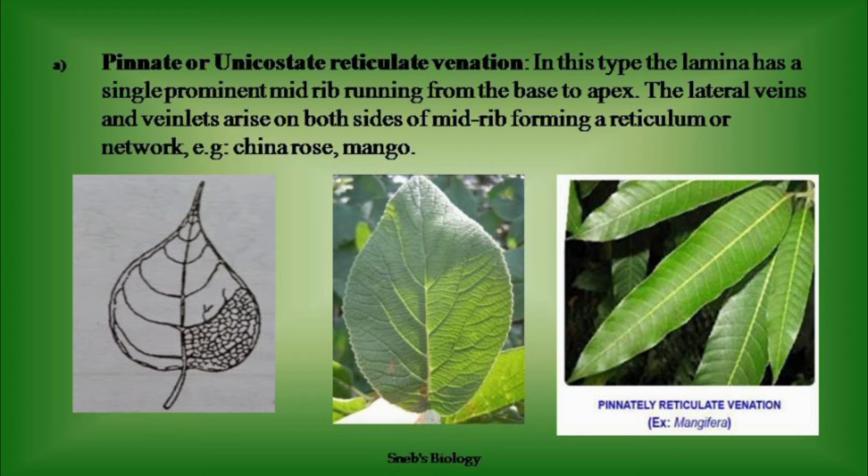Here only one midrib is present, so it is called unicostate, and multiple veins and veinlets arise from both sides of the midrib forming a network-like appearance, so it is called reticulate. That's why it is called unicostate reticulate venation. This is the most common type of venation found in mango, peepal trees and China rose, etc.